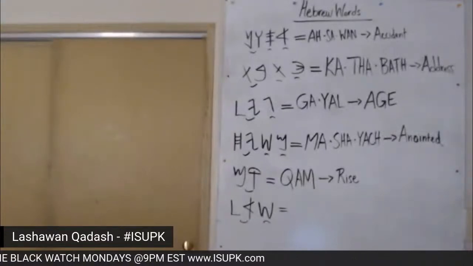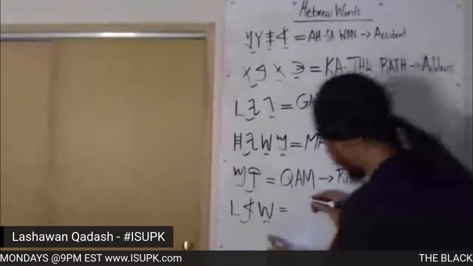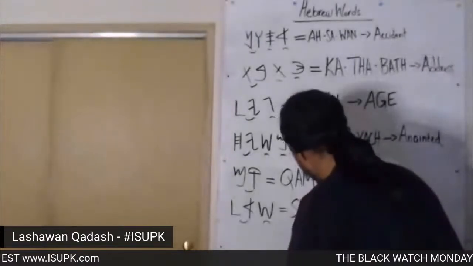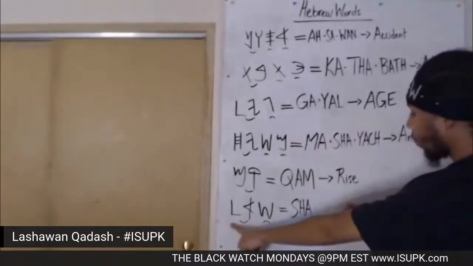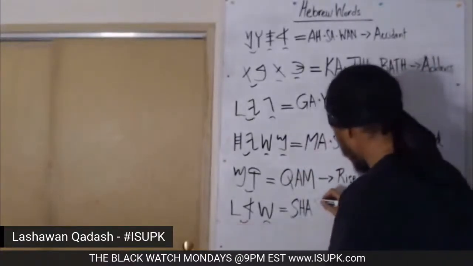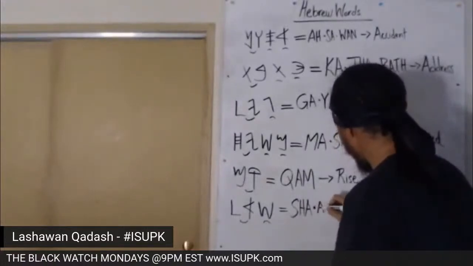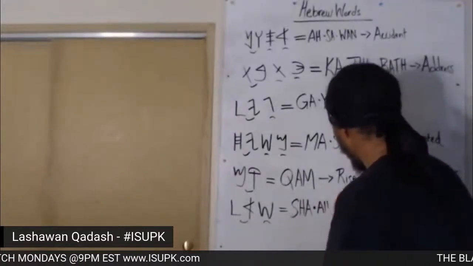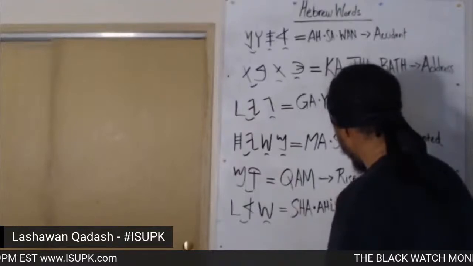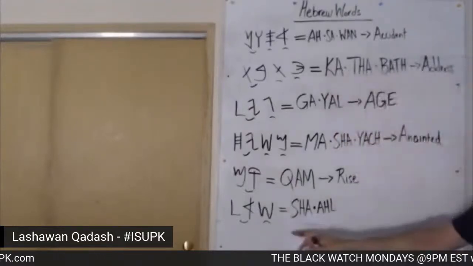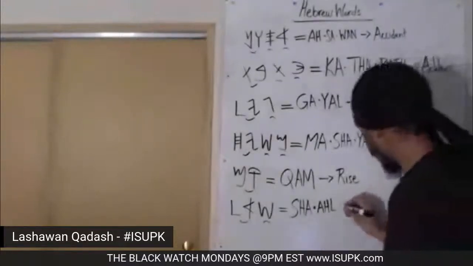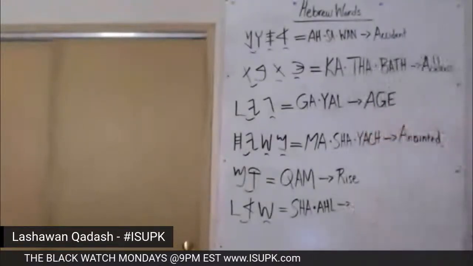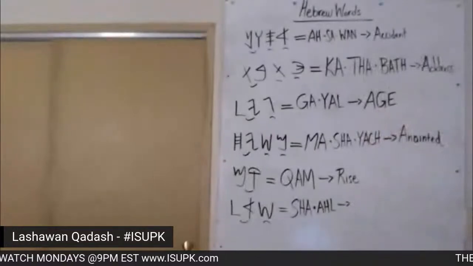All right, now the last one. The Sh, the and the La connected together, which is going to be Sha'al. All right, you got a brother by the name of Sha'al in the school too. You got a few.